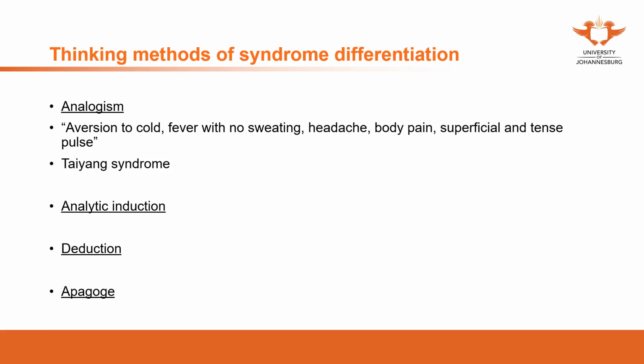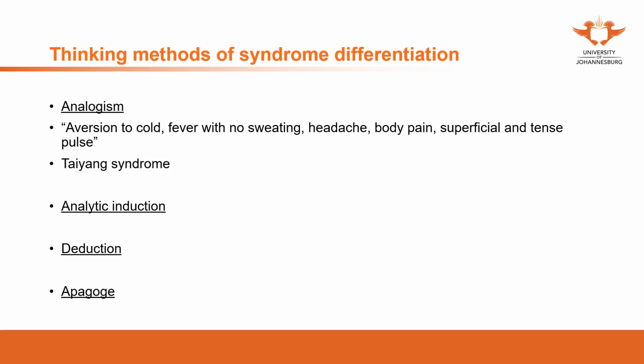In this situation, the patient presents with an exterior syndrome. The patient feels fever and has a runny nose. That's in the evening. The fever happens in the early morning, and your practice only opens from 9 o'clock. The patient got the appointment at 10 o'clock. Then when the patient comes to you, the patient doesn't feel aversion to cold anymore.